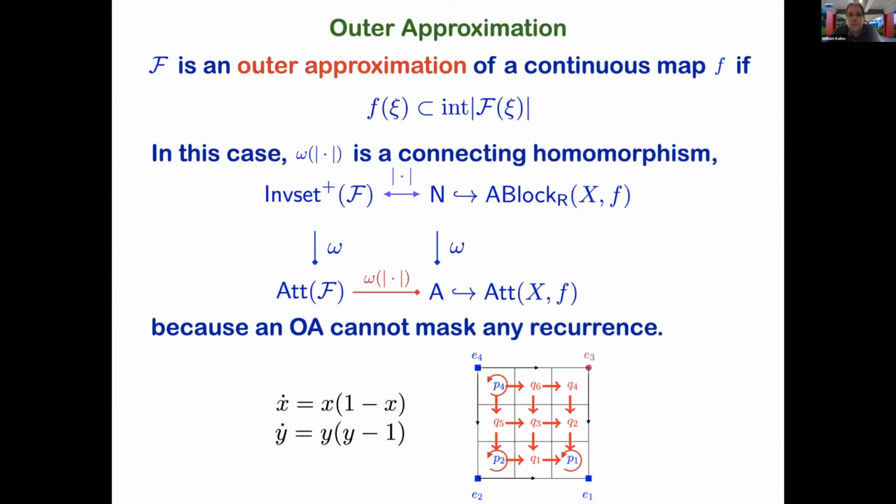So it turns out whenever you have an outer approximation, then you're good to go. There is a natural connecting homomorphism across the bottom, which is omega of the realization. But in other cases, if you don't have an outer approximation, that can be harder to determine, right?